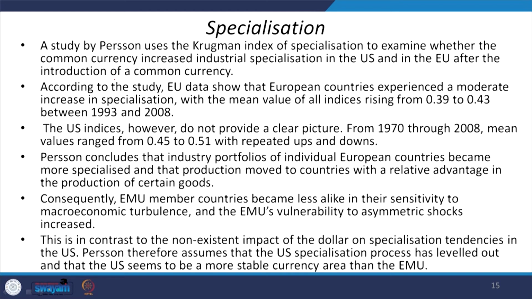According to that study, EU data show a moderate increase in specialization due to the zone, with the mean value of the index rising from 0.39 to 0.43 between 1993 and 2008.